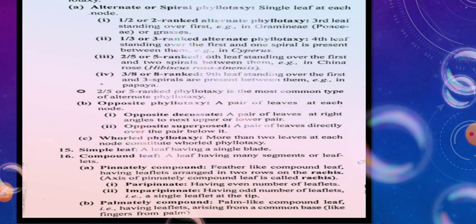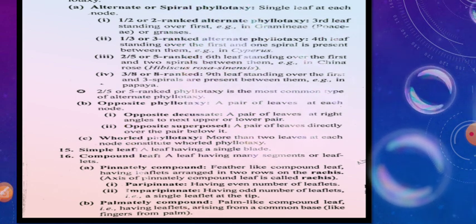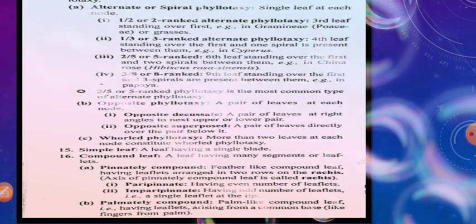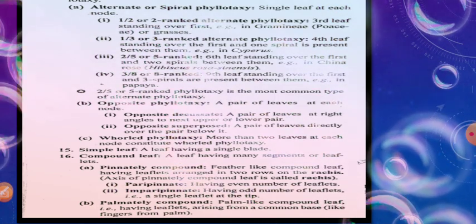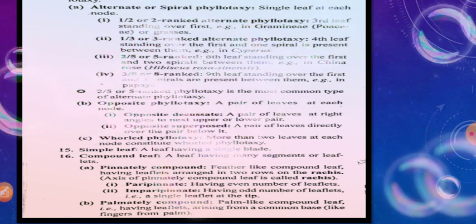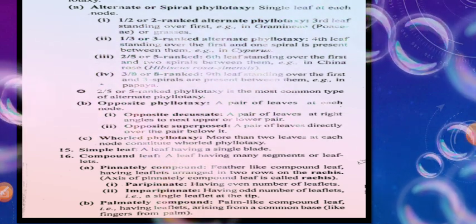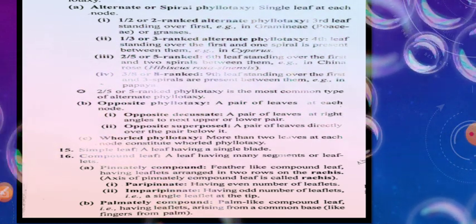Compound means a leaf having many segments or leaflets, and it is of two types: pinnately compound and palmately compound. The pinnately compound leaf is feather-like, with leaflets arranged in two rows on the rachis.